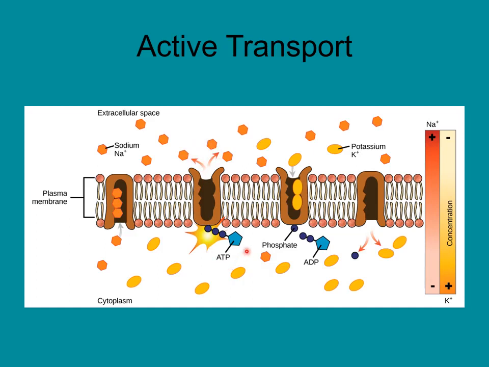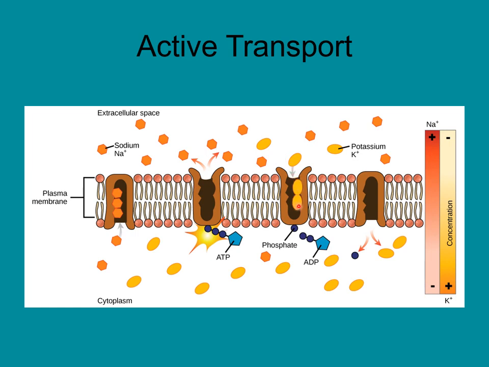It costs you some energy. Remember, ATP, that's energy. So you move 3 of the sodiums out. When they are released, it causes a shape change, which now allows for 2 potassiums to bind.